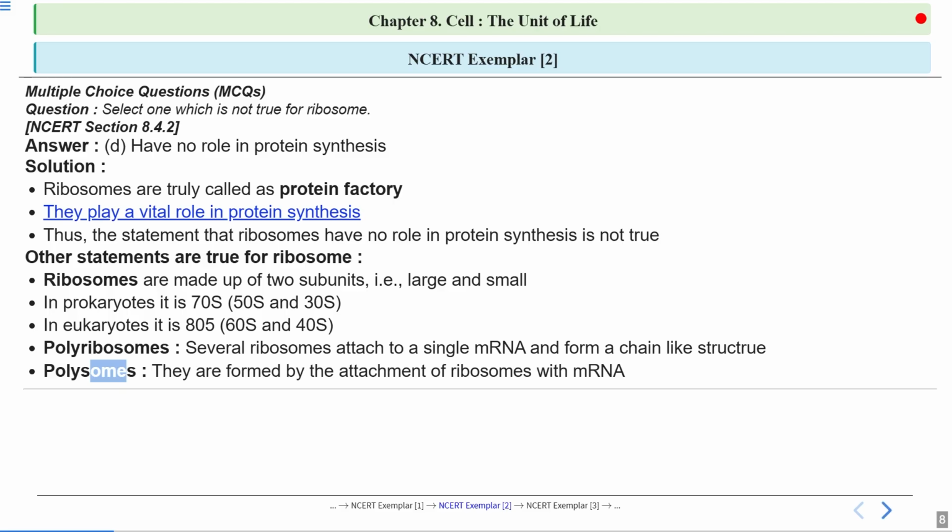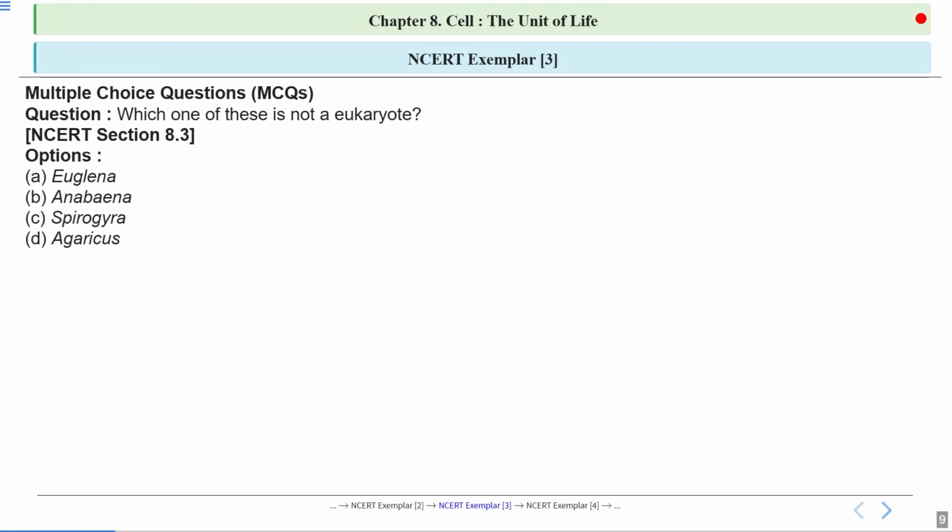So this allows simultaneous translation of the proteins, and multiple copies of the proteins are produced. Next is, which one of these is not a eukaryote? Options are Euglena, Anabaena, Spirogyra, and Agaricus. So what would be the correct answer here?